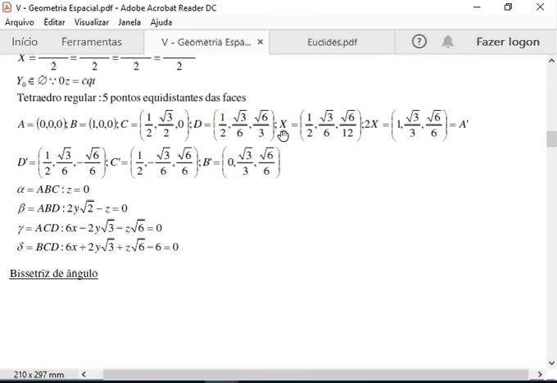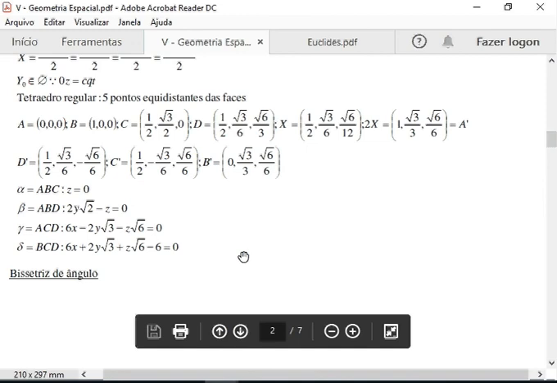The center is the same, X: 1 over 2, square root of 3 over 6, square root of 6 over 12, and A line, D line, C line, and B line are indicated.